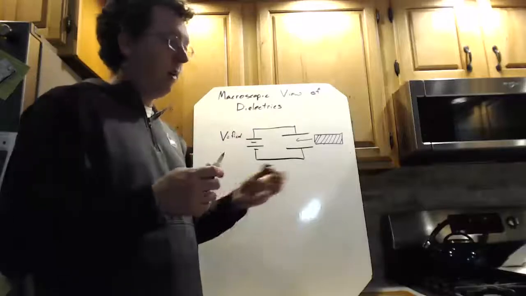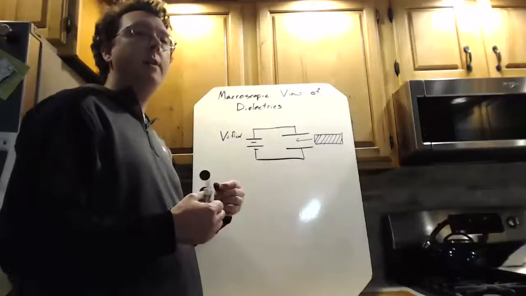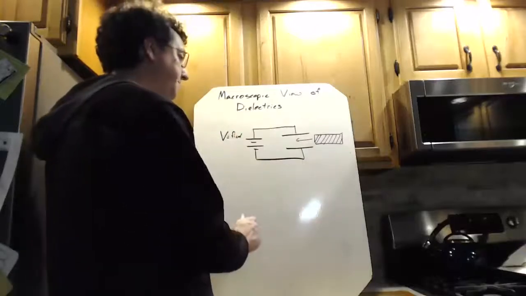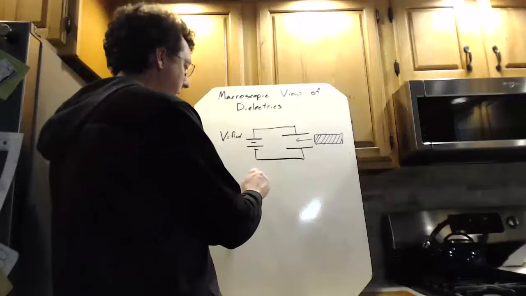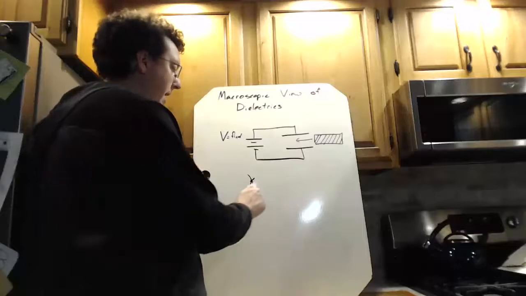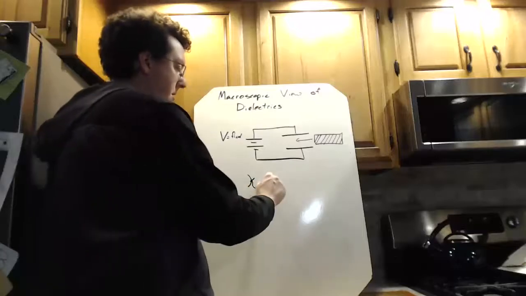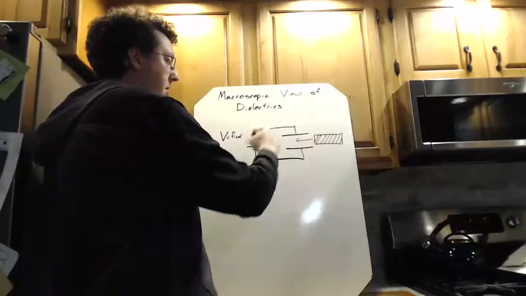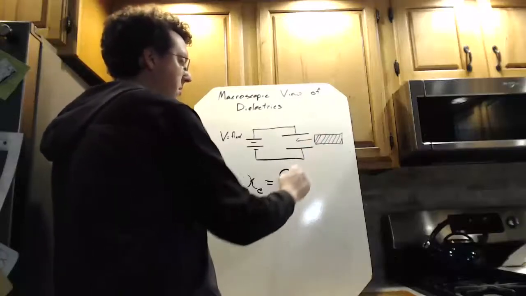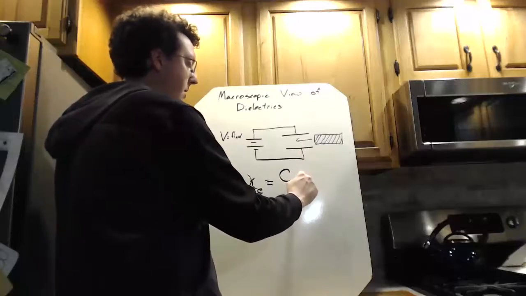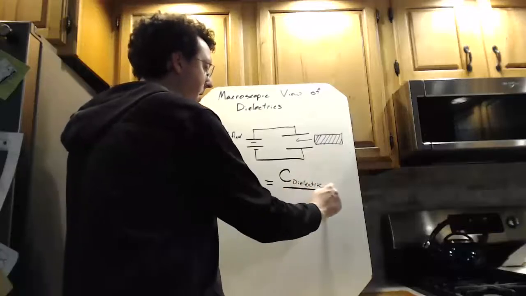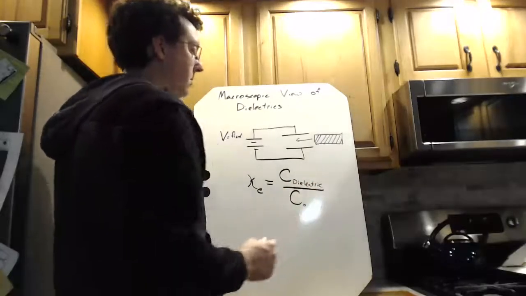So he defined, or I don't know if he defined it, but we define the ratio of the new capacitance to the old capacitance. So we define kappa, which looks like a bendy K, to be the capacitance, the new capacitance with dielectric, divided by the capacitance when it's filled with vacuum.